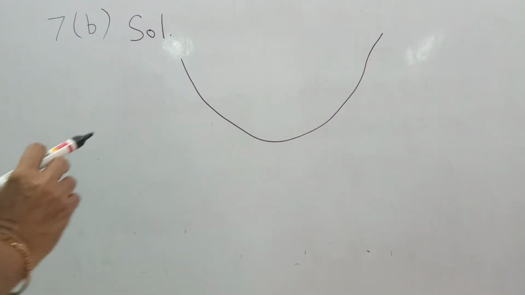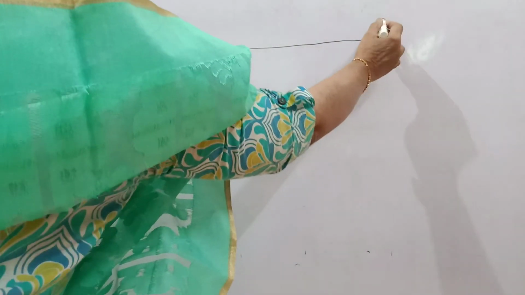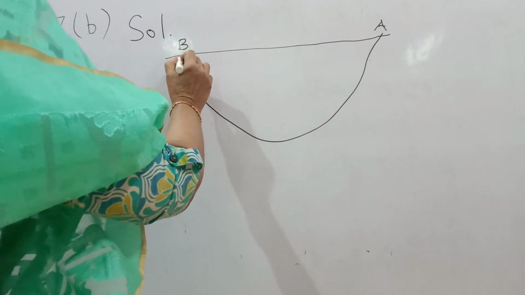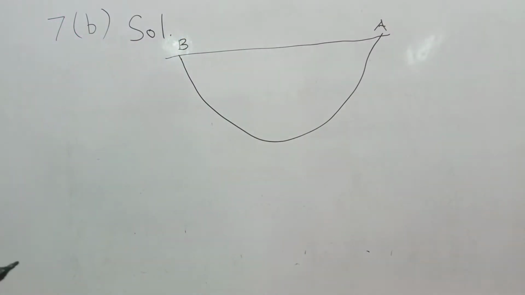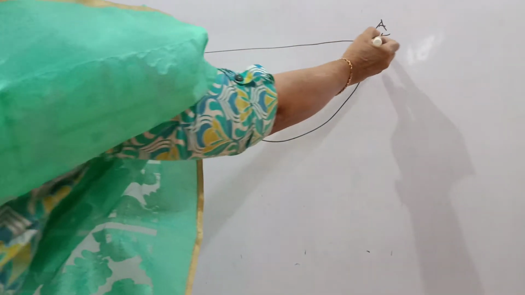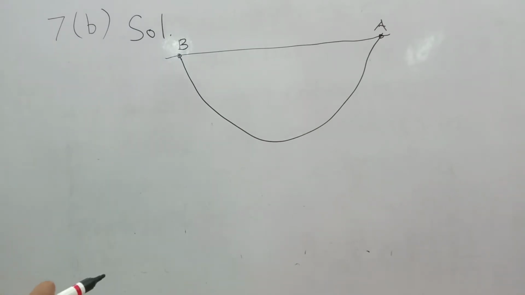The 2 points you can take whatever you like. You can take A, B. AB is the horizontal line. In between the string is hung. A given uniform string will take the shape of a catenary.